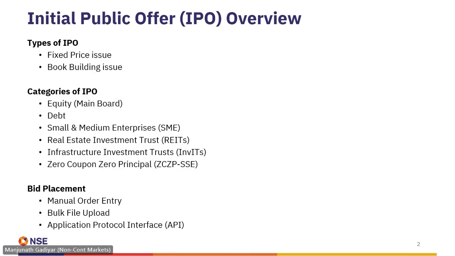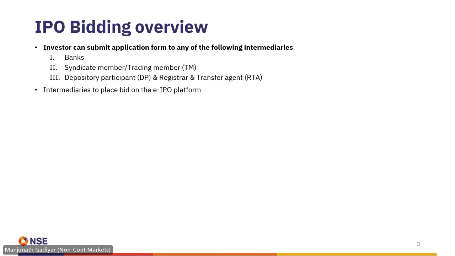Great. So let's quickly brief on the intermediaries through whom IPO bids flow to the NSE IPO platform, so that we can explain a few important nuances surrounding them. Yes. The intermediaries are banks, which are also called self-certified syndicate banks. Currently, there are 54 banks registered with SEBI and with the exchange.